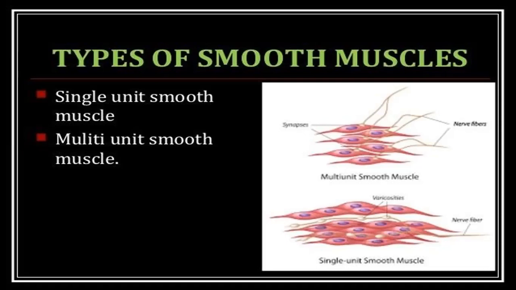In multi-unit smooth muscles, the cells are not electrically coupled. So, stimulation of one cell does not necessarily result in excitation of the adjacent smooth muscle cells. Examples are those present in the vas deferens of the male genital tract and in the iris of the eye.